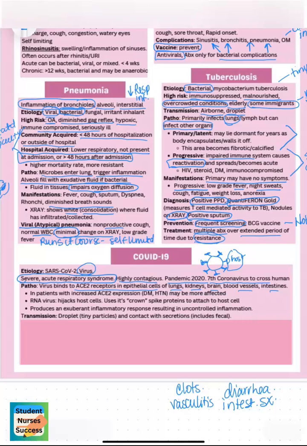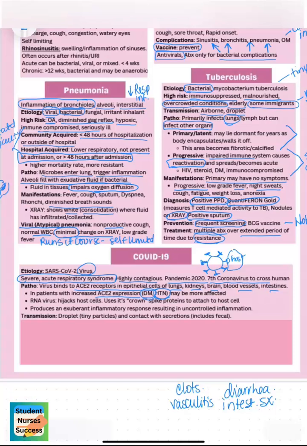Now, patients who have increased ACE2 expression are going to probably be more affected by COVID-19. And those with diabetes and hypertension, we know, have increased ACE2 expression. And so that's why those individuals seem to be a little bit higher risk for developing COVID-19.